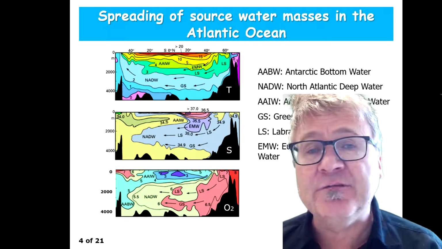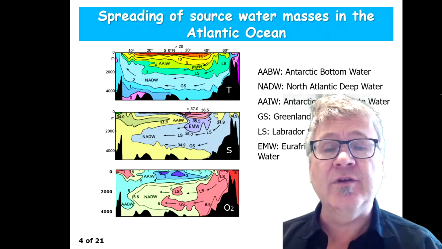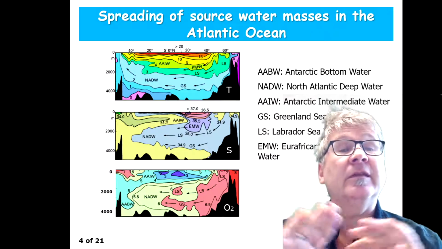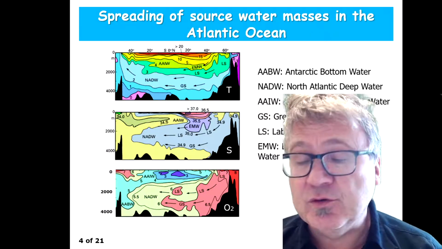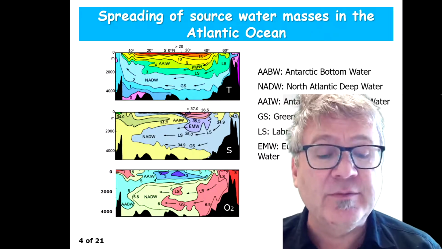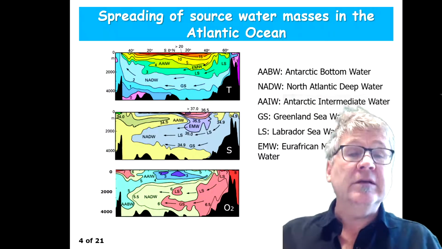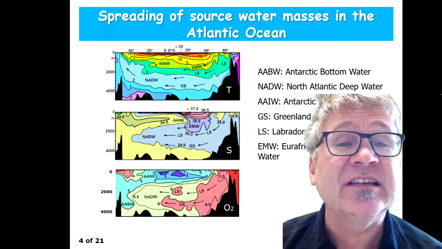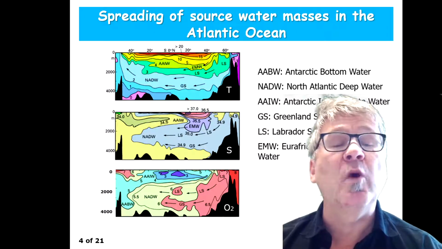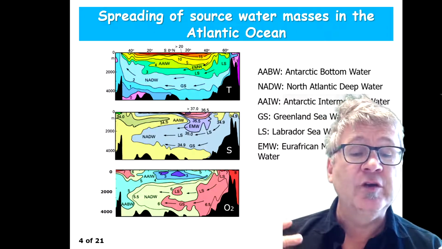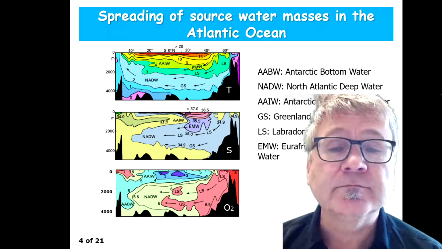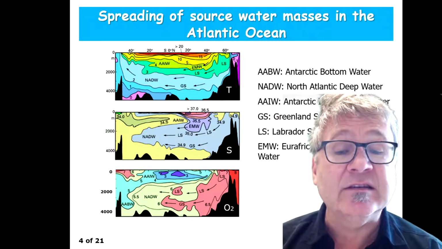South is on the left, north is on the right. The top figure shows you the temperature distribution. The middle panel shows you the salinity distribution, and the bottom one, dissolved oxygen, in milliliters per liter.